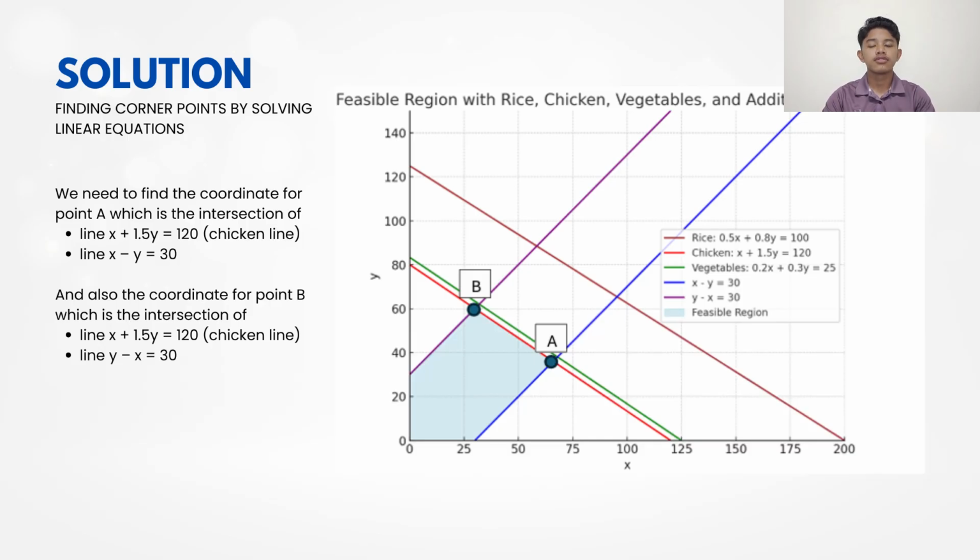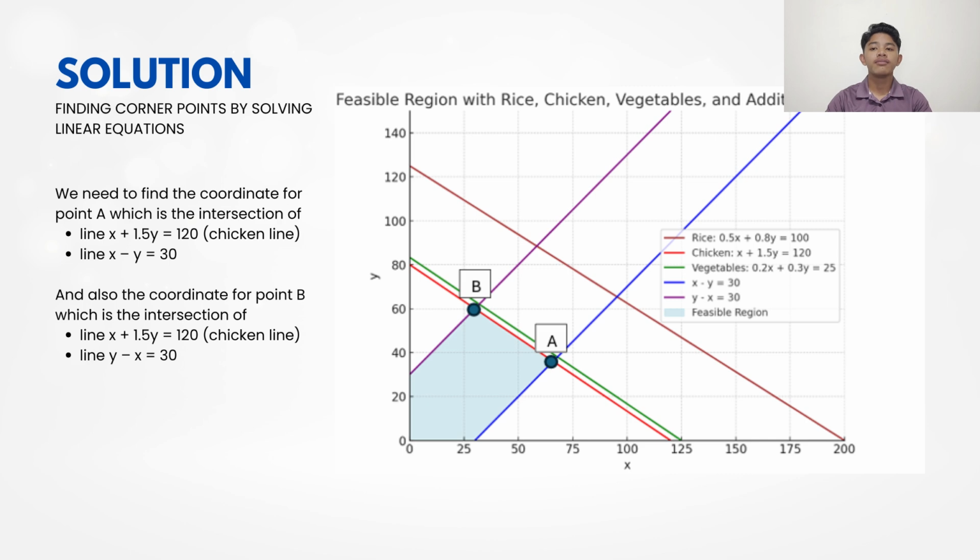To solve the problem of finding the corner points, we need to identify the corner points first. For now we have two corner points, point A and point B. Point A is located at the intersection of the line x plus 1.5y equal to 120, which is the chicken line, and the line x minus y equal to 30.